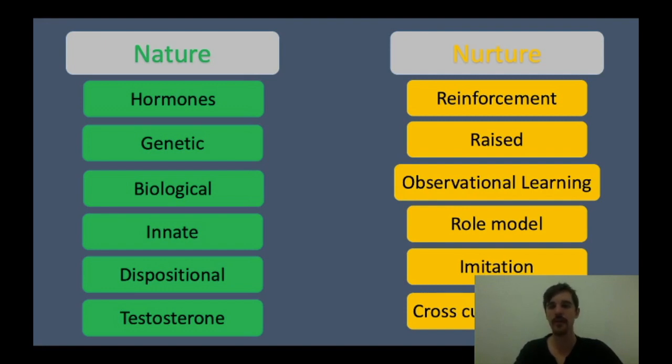How someone is raised is nurture. Observational learning is someone who learns through observation. Role model is copying off a role model. Imitation is copying someone, and cross-cultural studies look at how people have been raised and then how they behave, asking whether it differs from a cultural perspective.